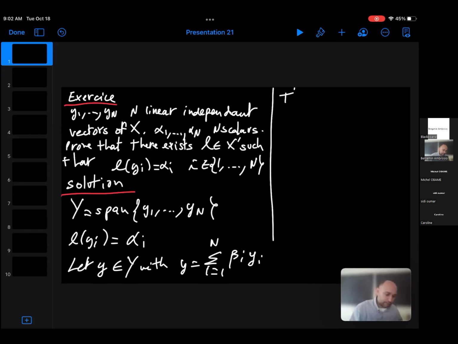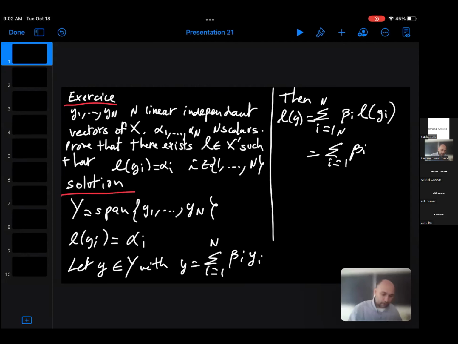Then L of y equals the sum from i from 1 to n of beta i times L of yi, which is alpha i. So in this way, I define L on the whole space Y.